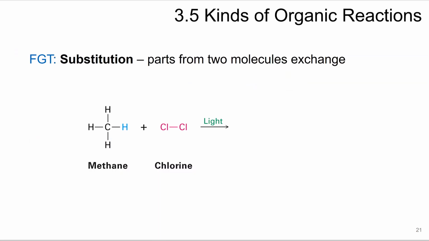We'll also see a substitution reaction, and this results from 2 molecules exchanging groups. We have methane plus chlorine. Methane interacts with chlorine. We're going to substitute a hydrogen for a chlorine, and that will create chloromethane plus HCl.